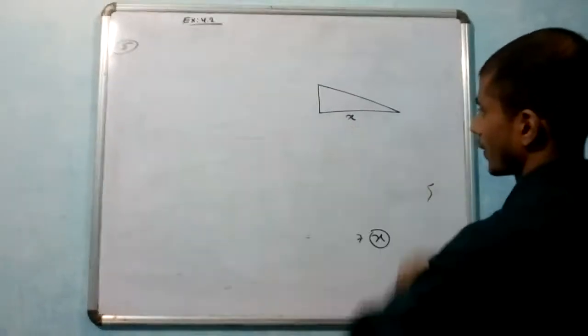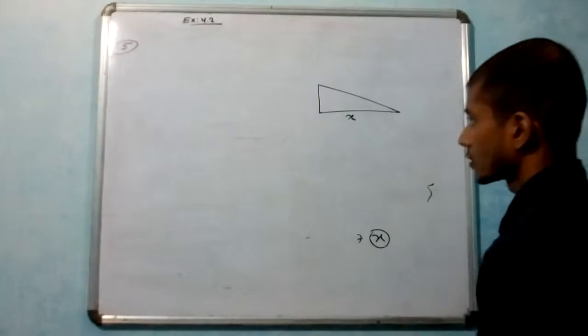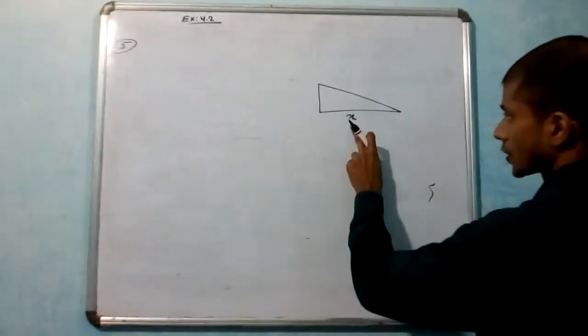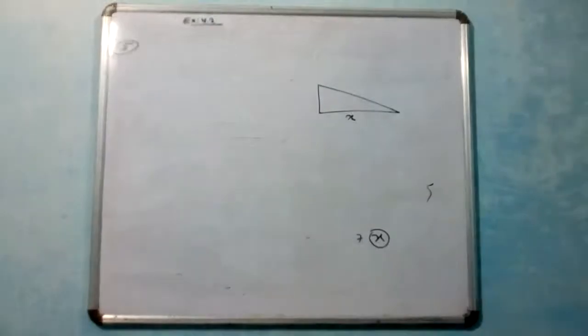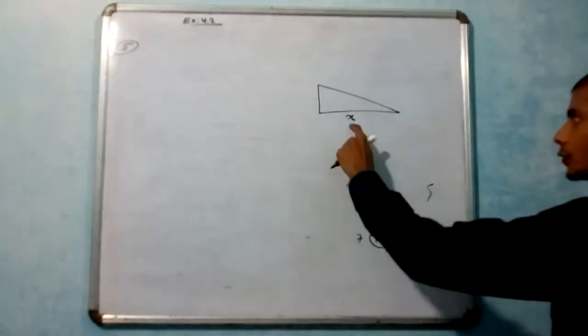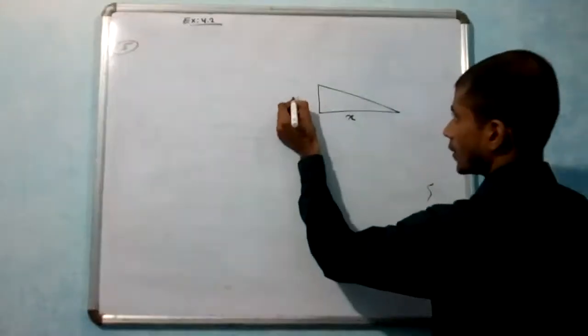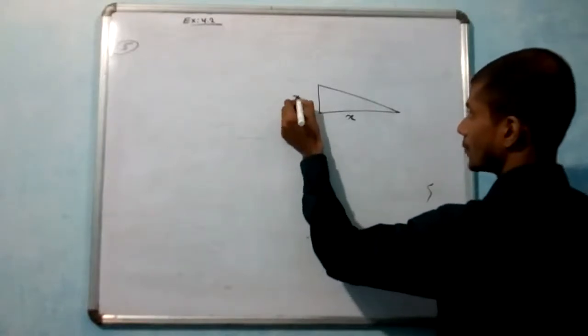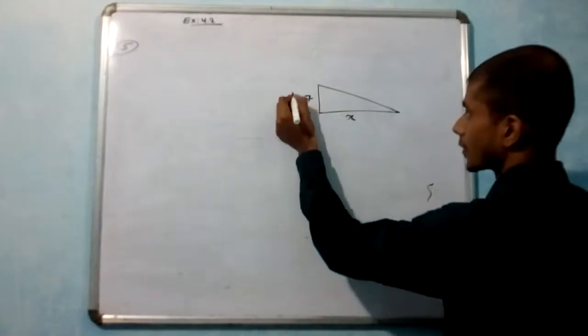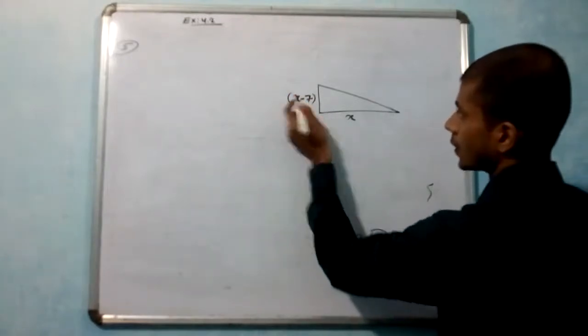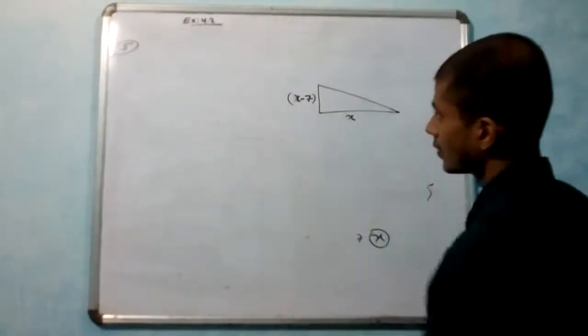So if you want something lesser than this value, from this value we have to subtract. Give some time to your brain, think on this. It's easy, nothing tough. So this is x minus 7.